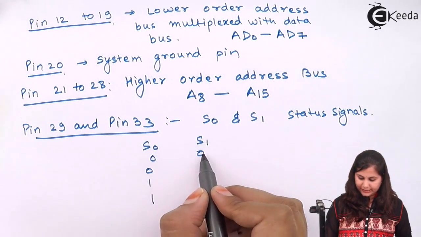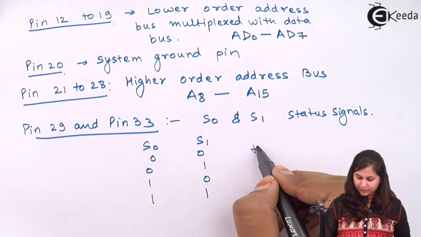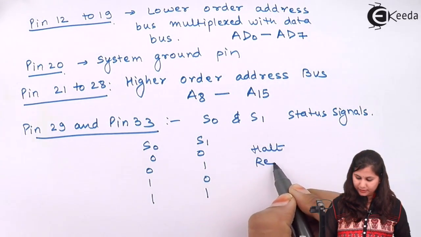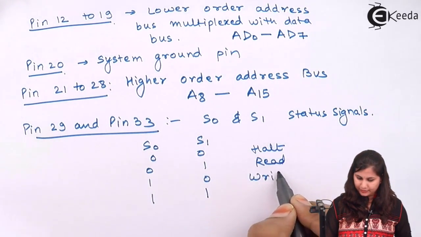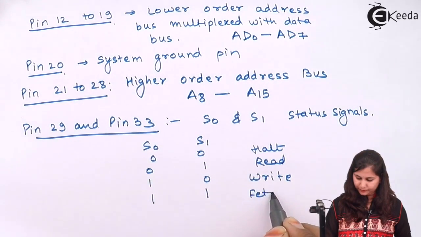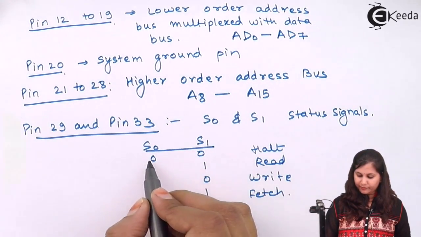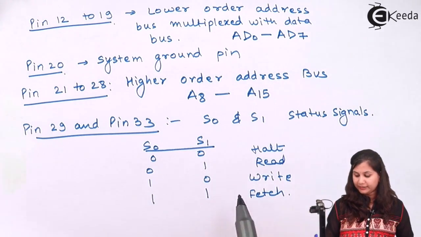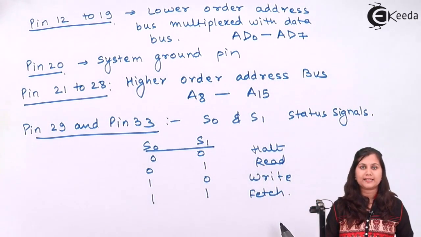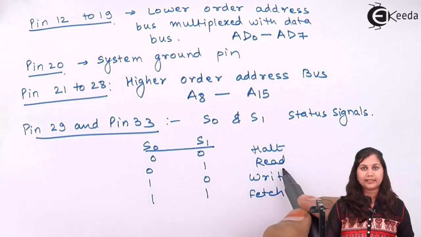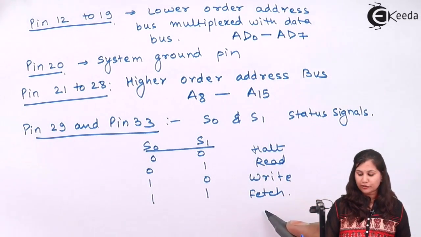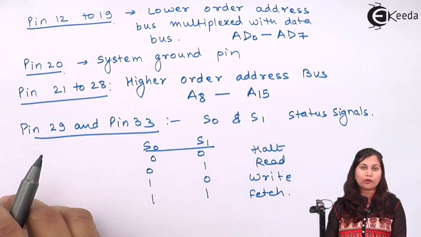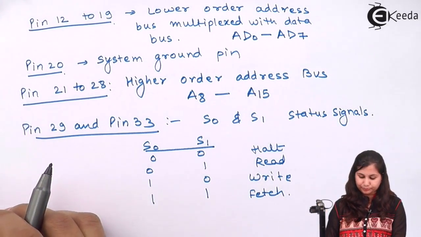So when S0 and S1 are both 0, then it is a halt state. When S0 is 0, S1 is 1, it is read, write and fetch. So the status of these signals defines what type of operation the microprocessor is performing, whether it is reading, writing or fetching an instruction, or it is in halt state. That is the pause state. It is not performing any operations right now.